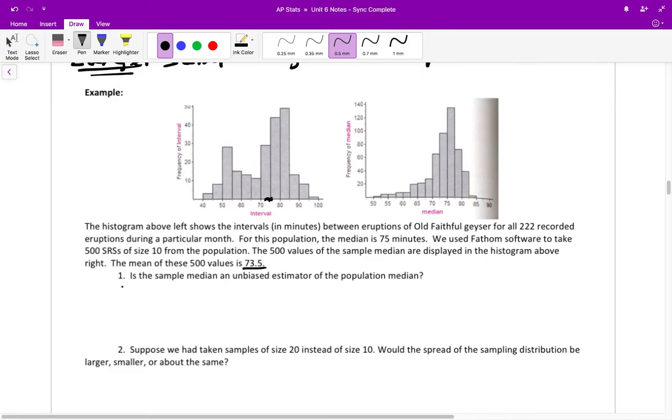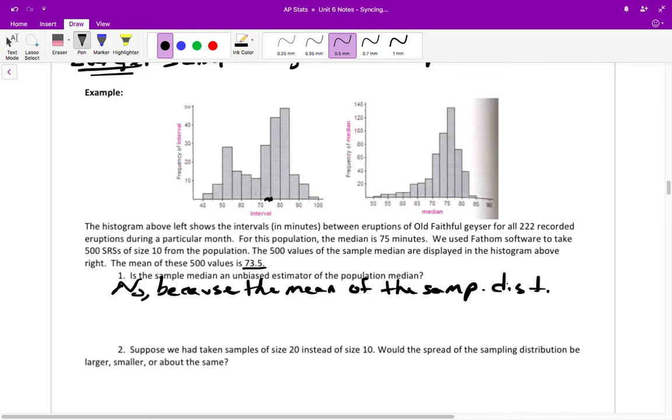And the answer here is no. So no, because the mean of the sampling distribution, which again, remember, was a sampling distribution of medians, doesn't equal the population median.